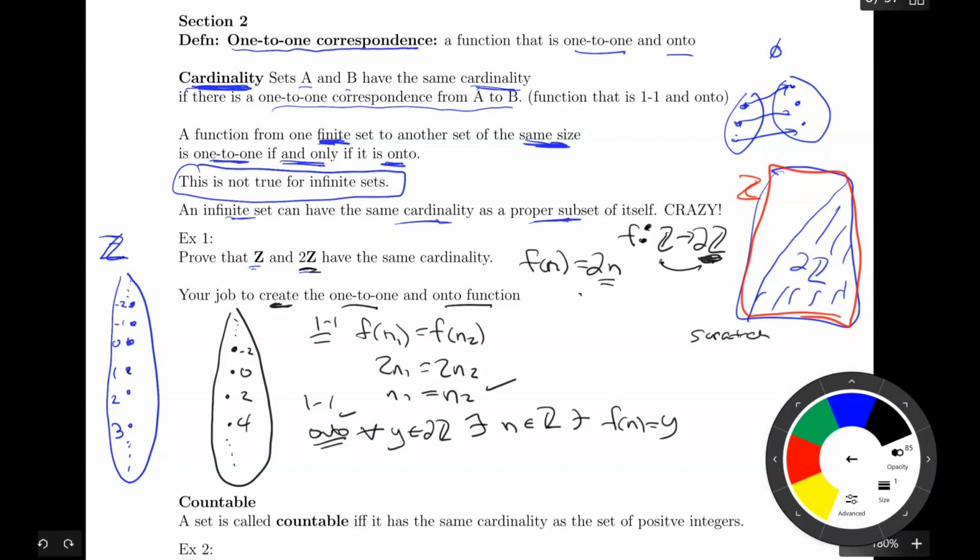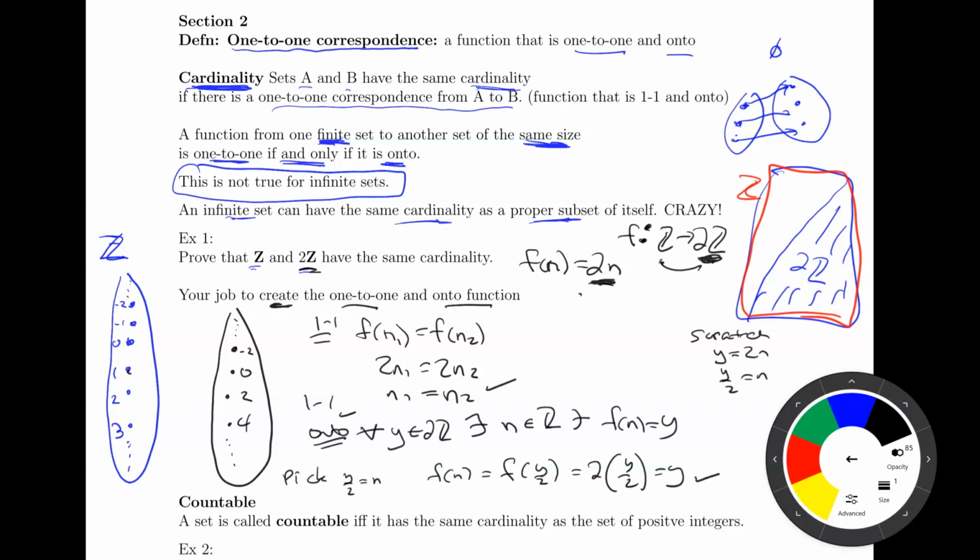You say y equals 2n, solve for n, so y over 2 is n. So I pick y over 2 for the n. Now f of y over 2 is 2 times y over 2, which is y. Check, I got there.